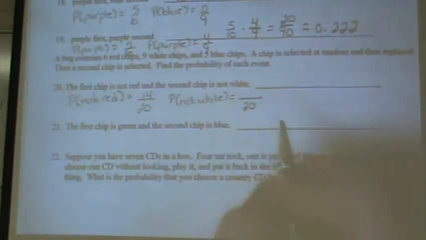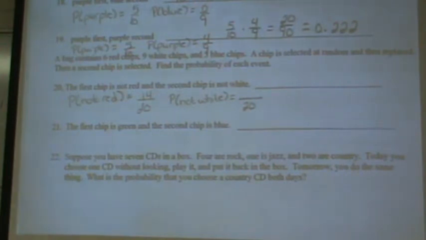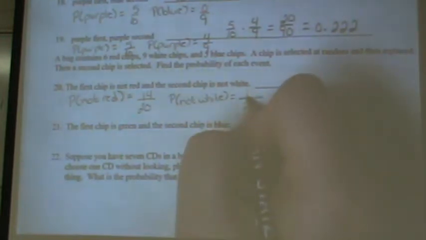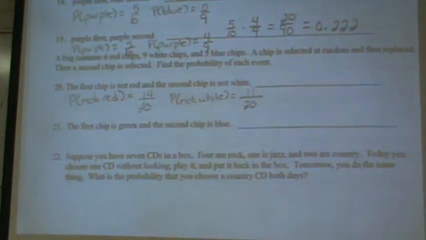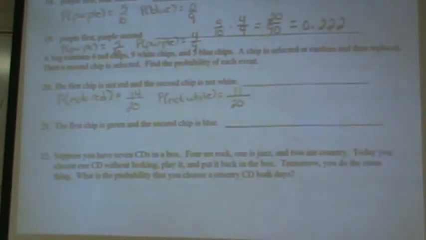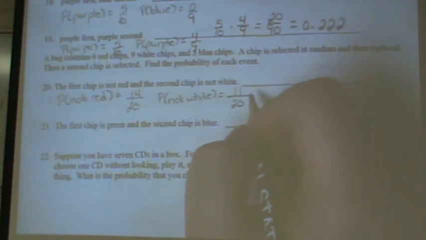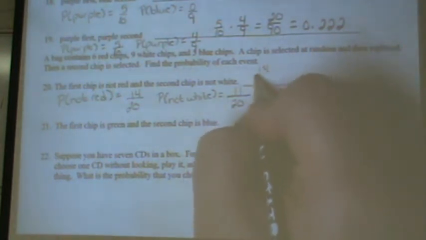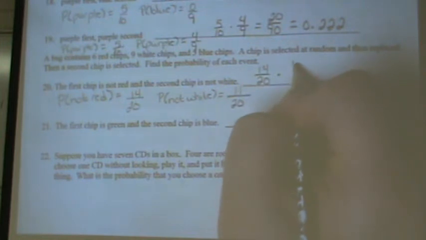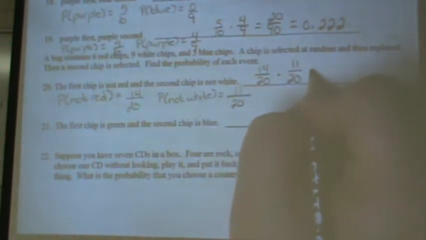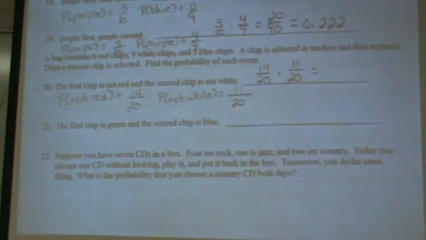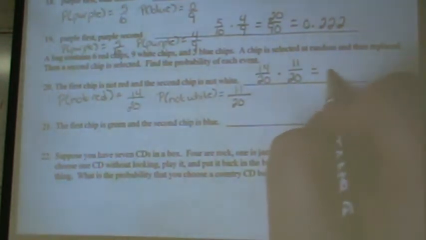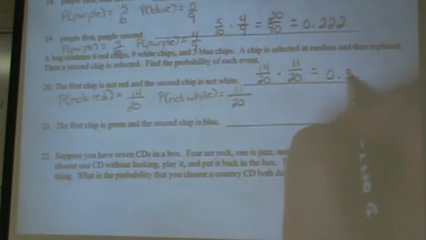So we still have 20 chips. And now we don't want our chip to be white. So we've got 6 red chips that it could be and 5 blue chips that it could be. So we have 11 chips that are not white. So to find our probability that we get not a red chip and not a white chip, we're going to take our 14 over 20 and multiply by our 11 over 20. And we're going to get a decimal of 0.385.